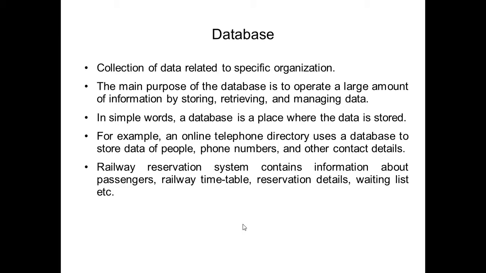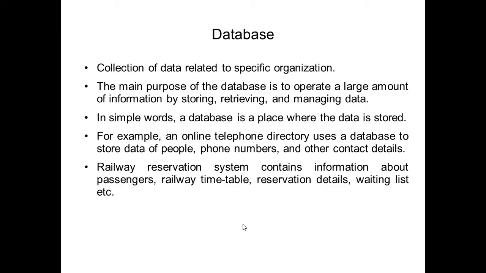So what is the main aim of database? That we are going to store the data. Means we are going to store the records, and then after that we are going to retrieve that information or manage that information. Retrieve means you can view that, you can delete that, you can update that.